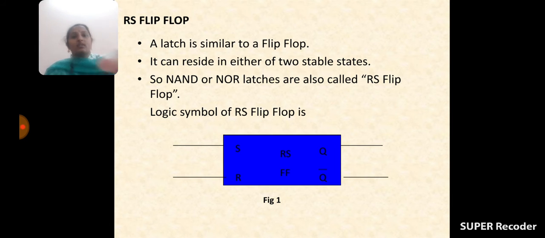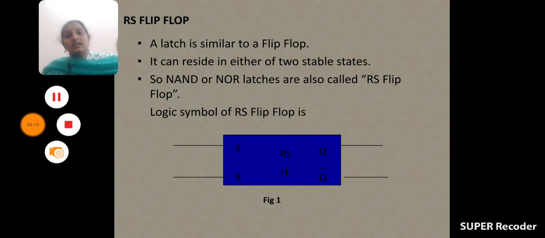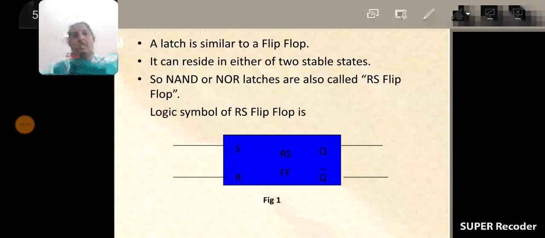One is called positive edge triggering as well as negative edge triggering.